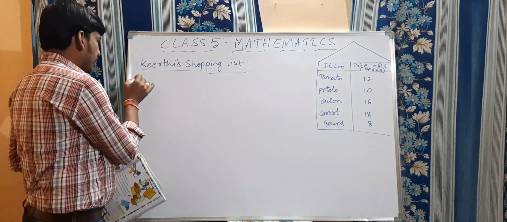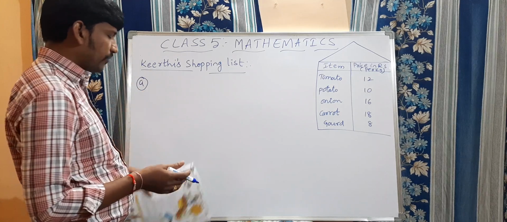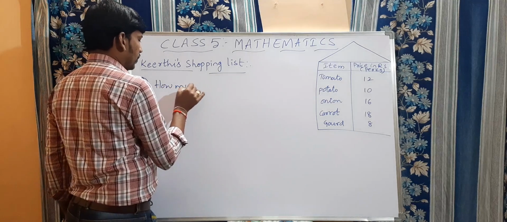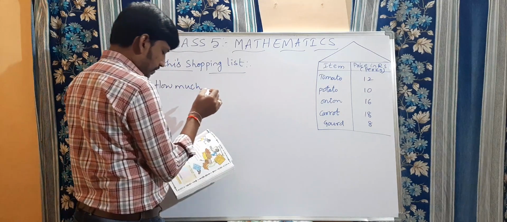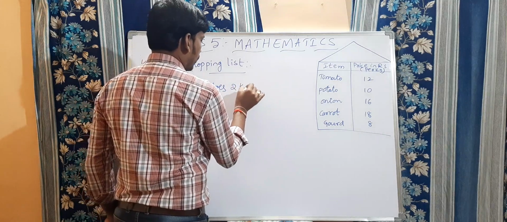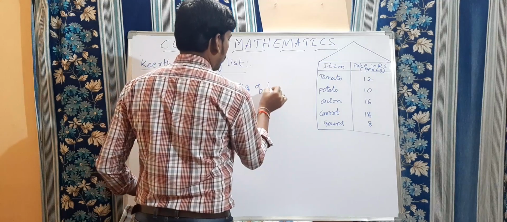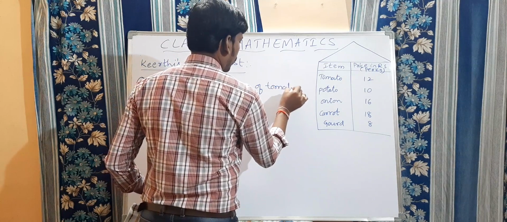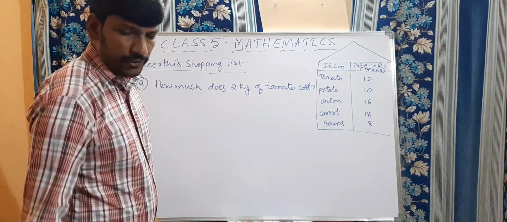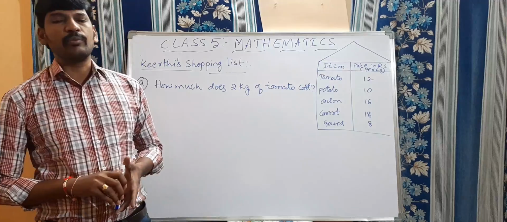First question: how much does 2 kg of tomato cost? If 1 kg is equal to 12 rupees, then 2 kg is equal to how much?